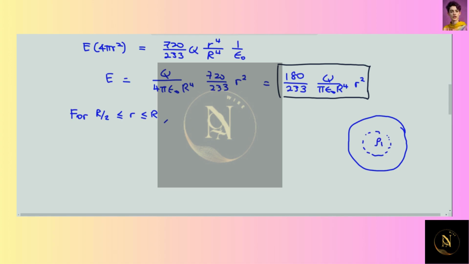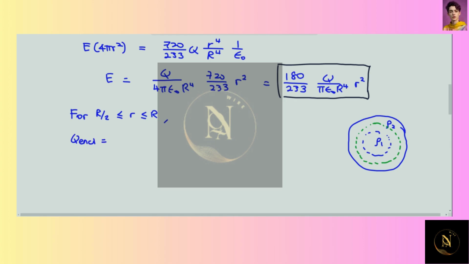So this is rho 1, this is rho 2. Now we are looking at the Gaussian surface in this green circle, the Gaussian surface that we are considering for the region between half R to R.